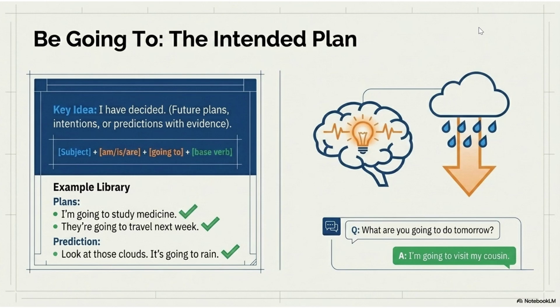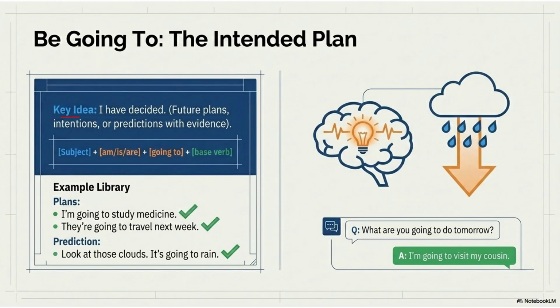Okay, so now we have going to. This is the verb that we normally use when we are speaking in English. But remember that in English, the future tenses are not only about the future, but also about preparation, how ready you are for that action. Okay, so in the case of going to, the key idea is I have decided.